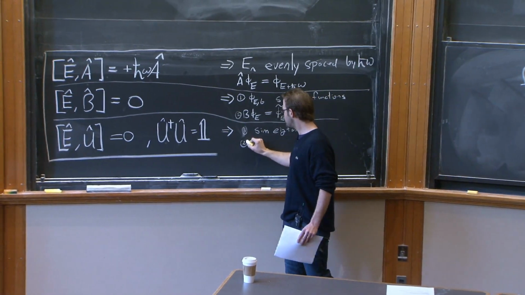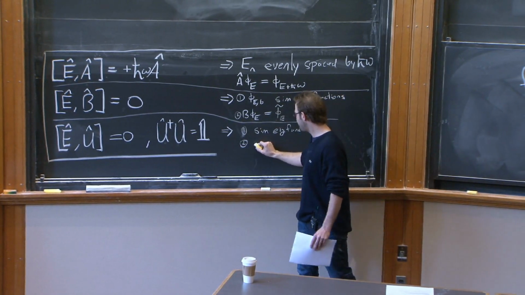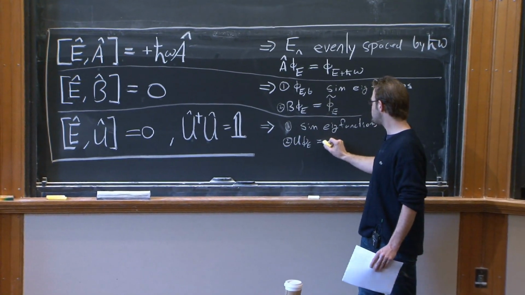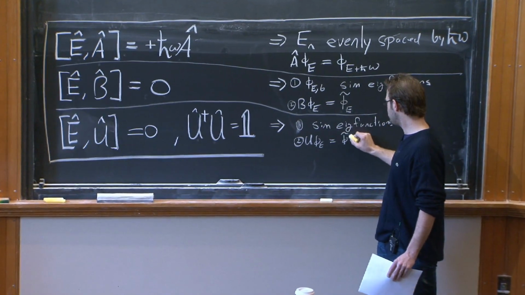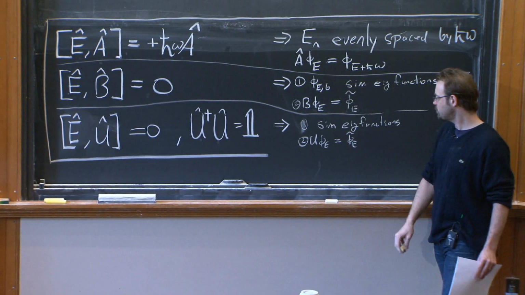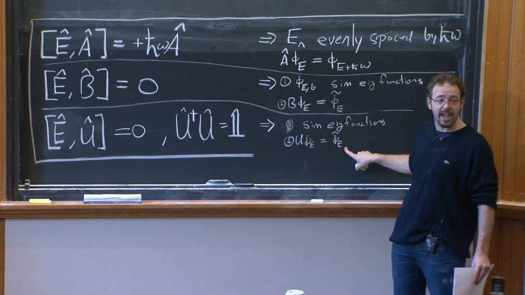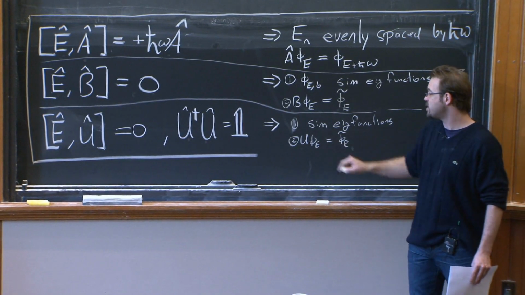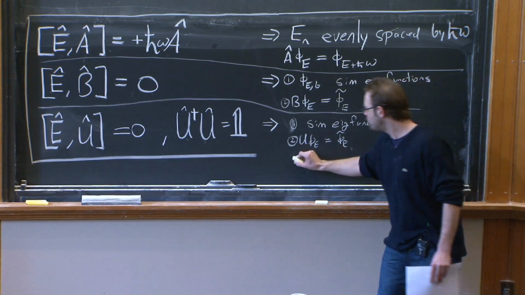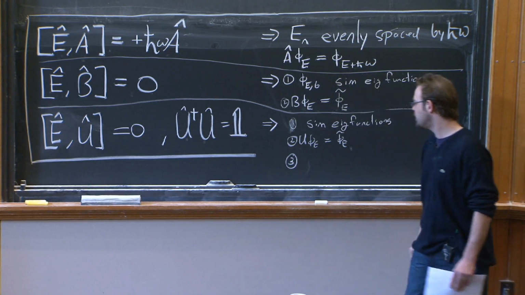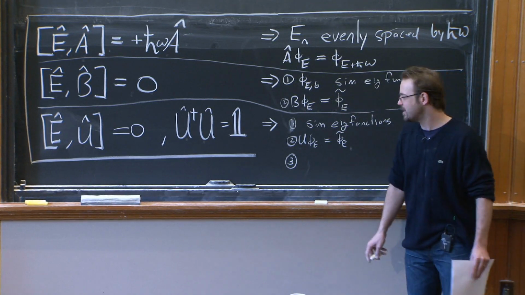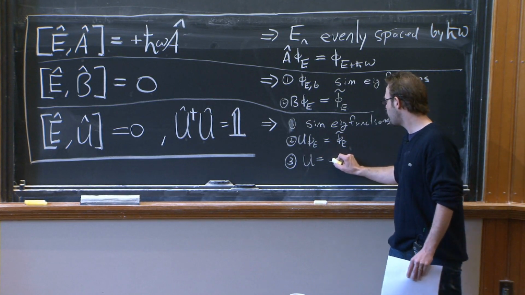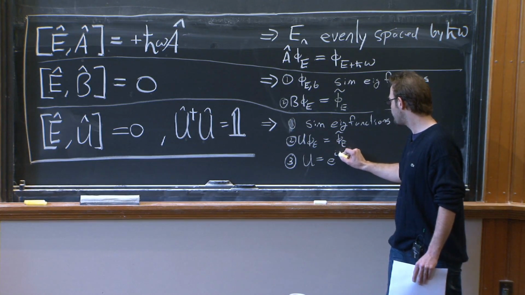It also tells us that if we take our state phi and act on it with u, this could give us a new state, phi tilde sub e, which will necessarily have the same energy eigenvalue because u and e commute, but it may be a different state. We'll come to this in more detail later. But the third thing, and I want to emphasize this, is that we have a unitary operator. We can always write the unitary operator as e to the i of a Hermitian operator.